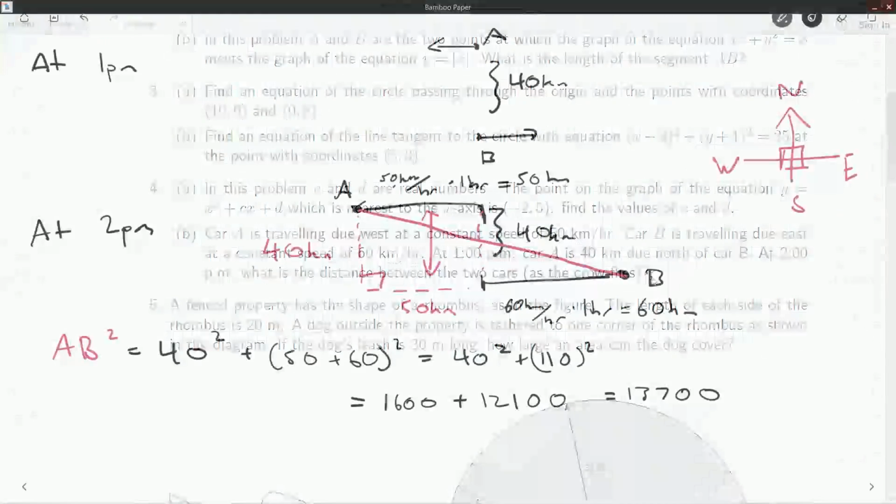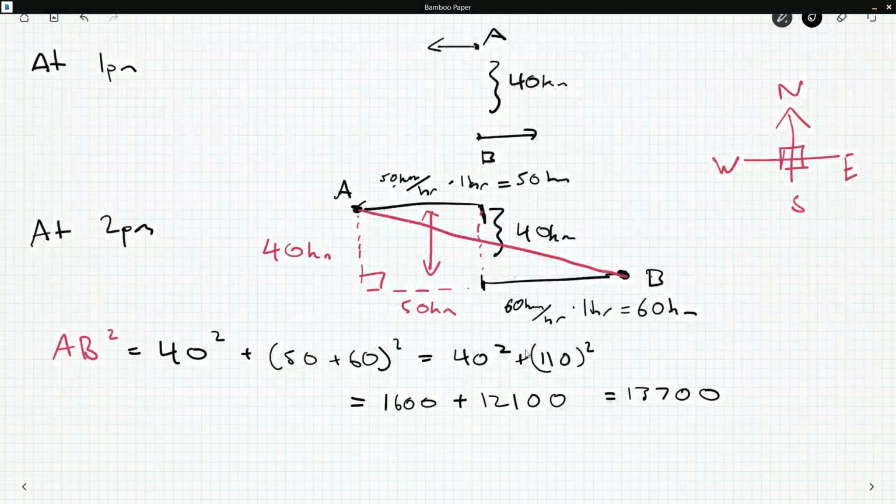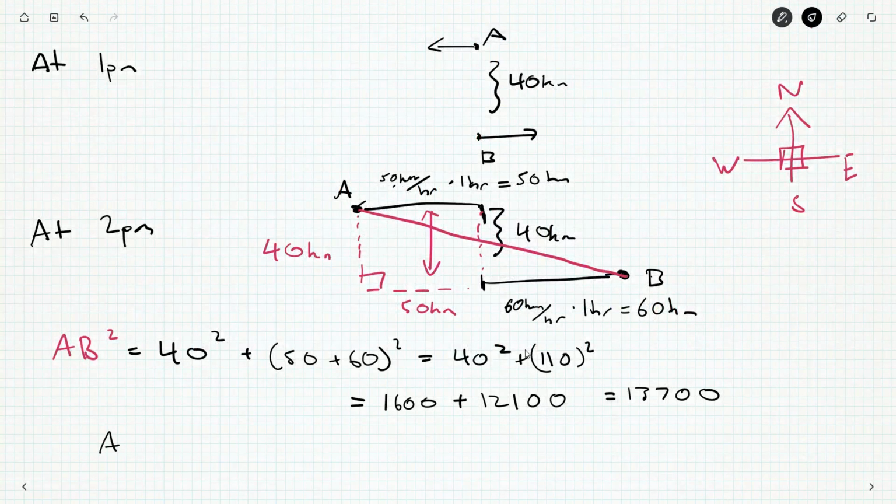And they just want the distance. Now, calculators aren't allowed here, so I guess AB is going to be 10 square root of 137. I can write this as 137 times 100. Square root of 100 is 10. Square root of 137, well, it doesn't have any other factors. Right? No, it can't be divisible by 7.